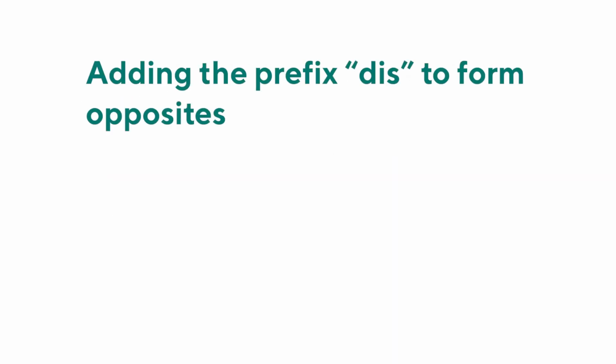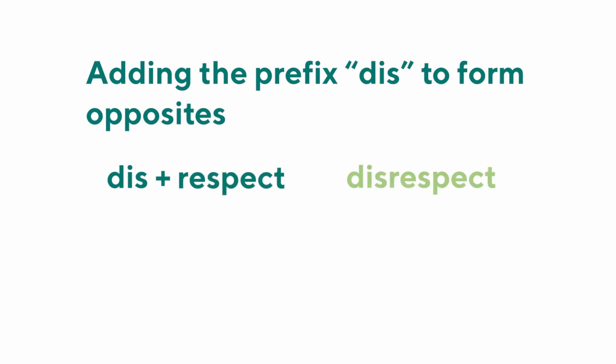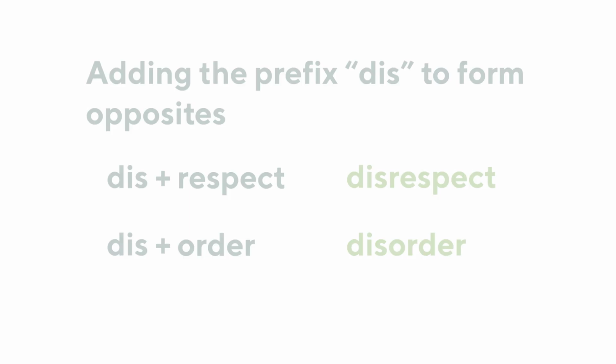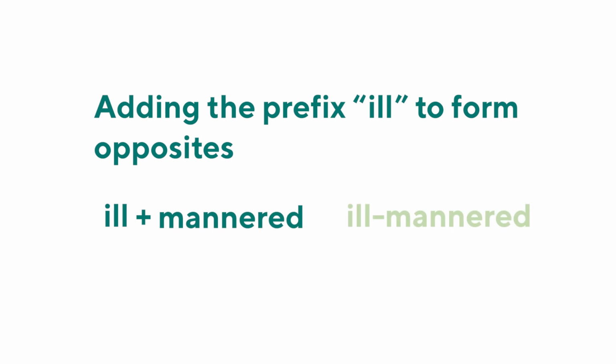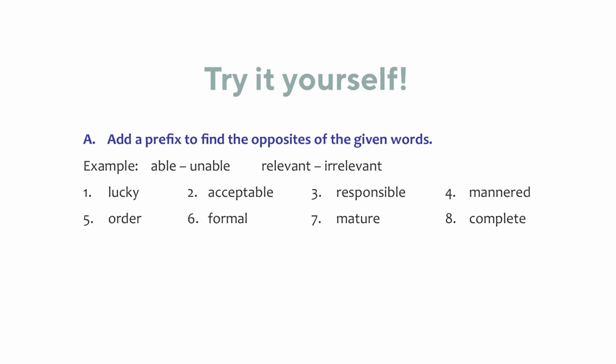There are other prefixes also that you can use with other words like dis, respect, disrespect, order, disorder, or maybe ill, mannered, ill-mannered. So, according to the word, you can use certain prefixes and make that word into the opposite of it.